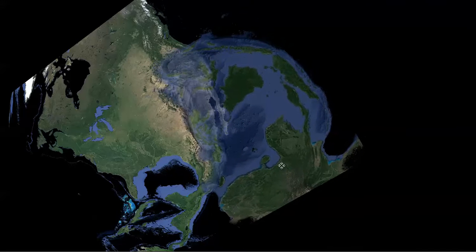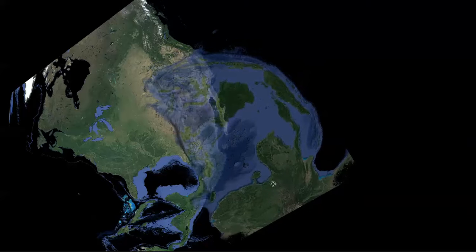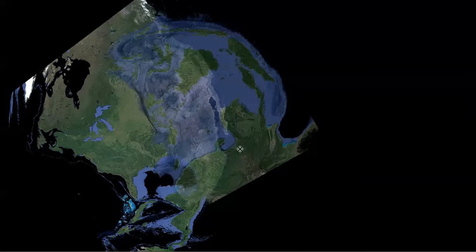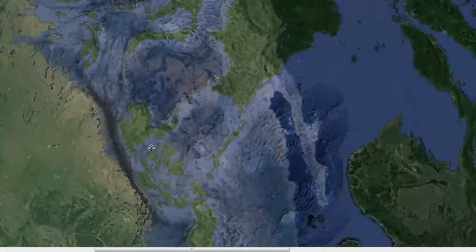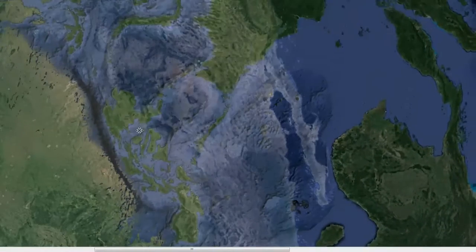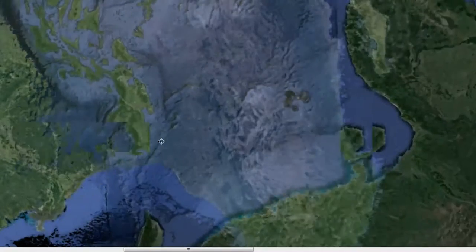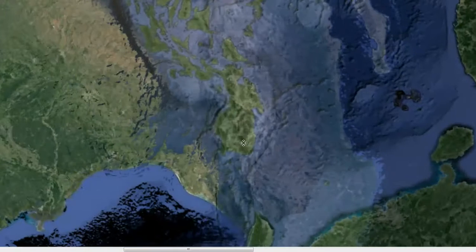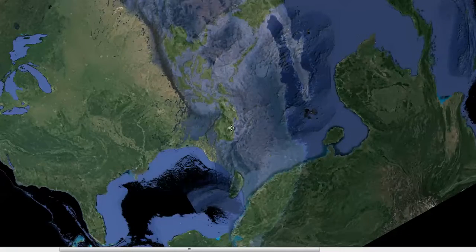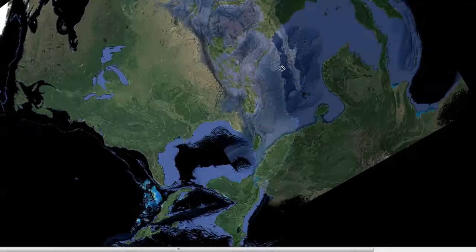You can see how it fits again. You see that? You can tell this is spinning. There's our Birkeland currents there.